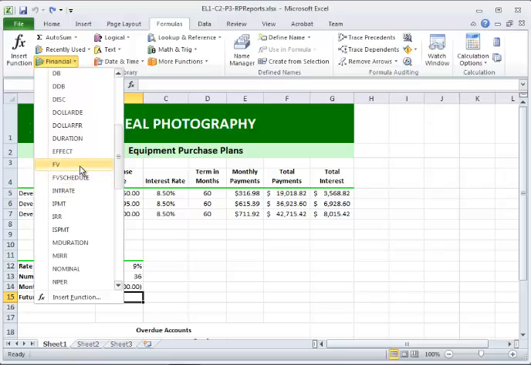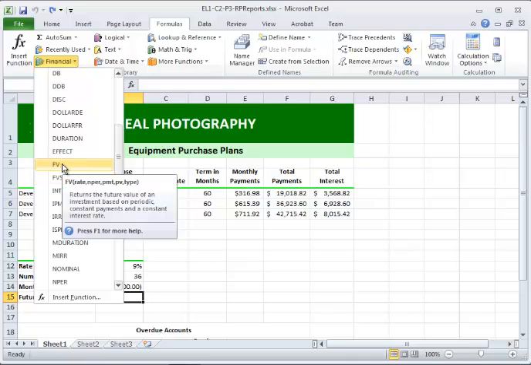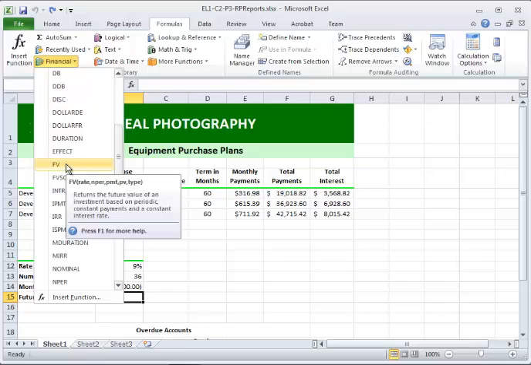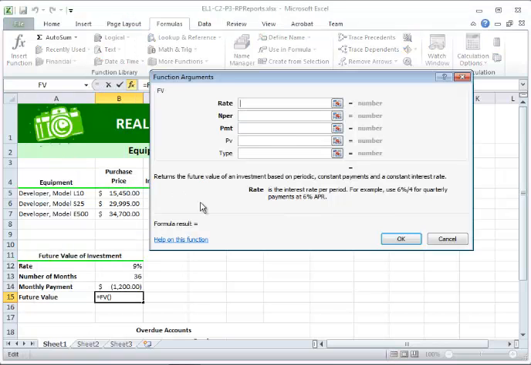Point at it and pause for a second without clicking, and you get a little preview that says it returns the future value of an investment based on periodic, constant payments and a constant interest rate. So go ahead and click on it, and then Rate.